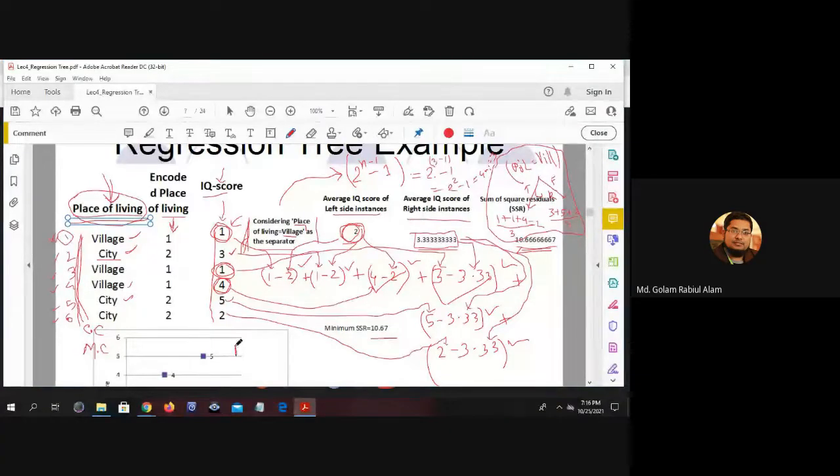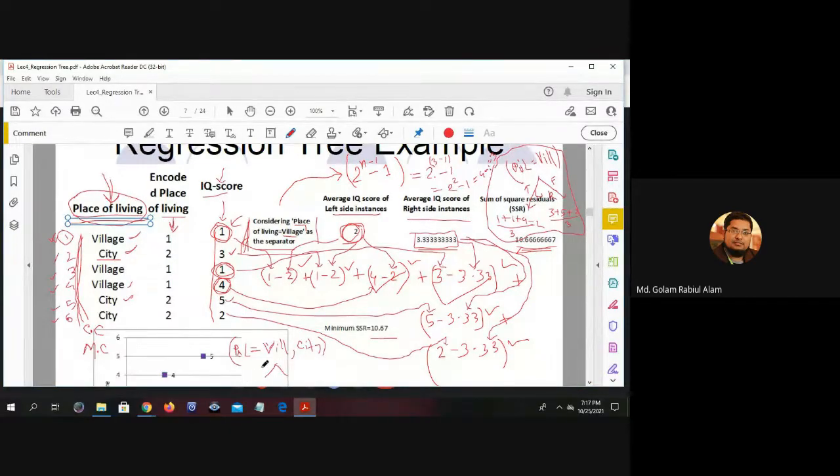place of living equal village and city. This is the split. So considering place of living equal village and city, it will divide again.